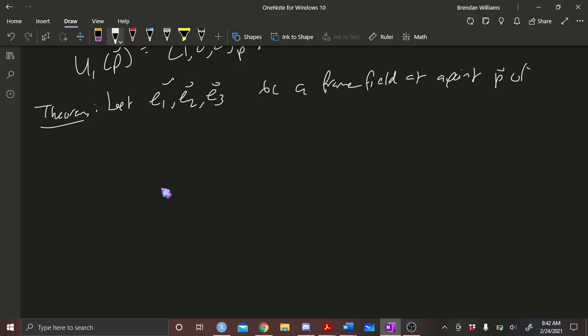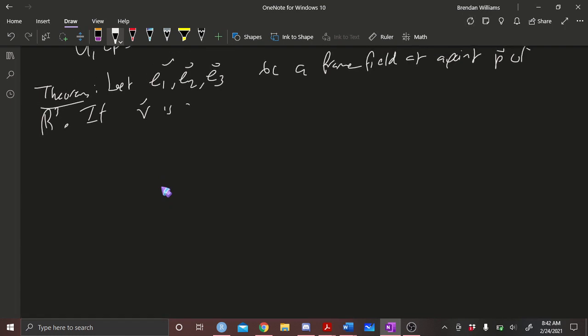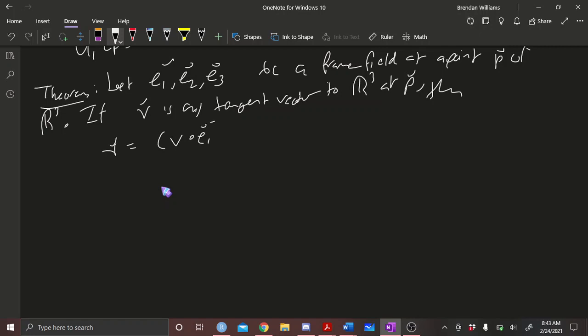If V is any tangent vector to R3 at P, then V is equal to V dotted with E1 times E1, plus V dotted with E2 times E2, plus V dotted with E3 multiplied by E3.